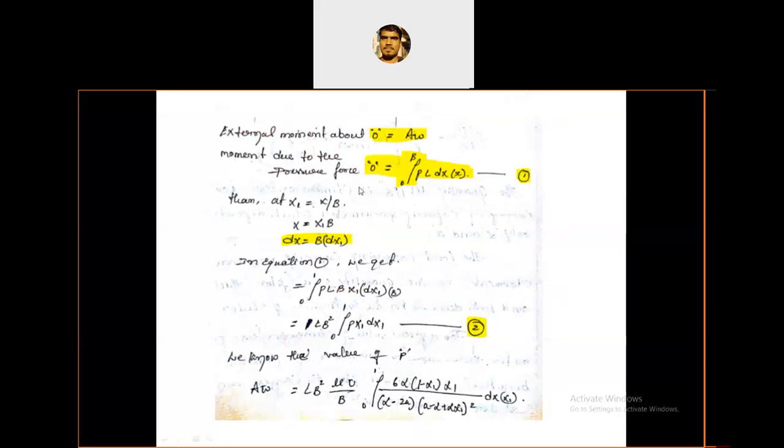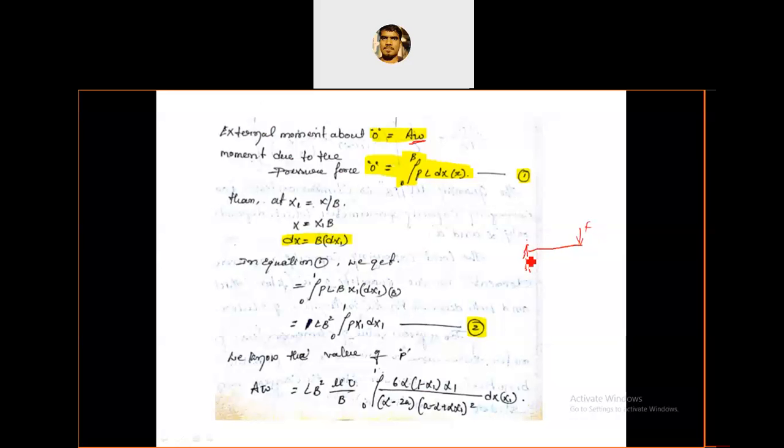For that, we consider one equation to find the external moment about the point O, which gives the external moment equal to A into W. If you want the moment, here one end is fixed, and I am going to apply the force.